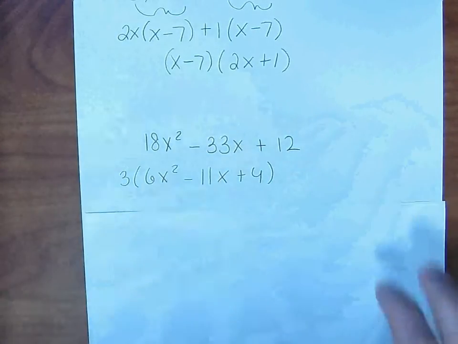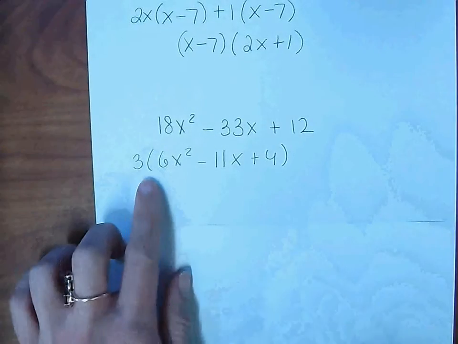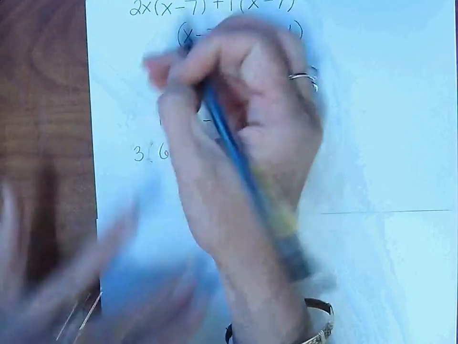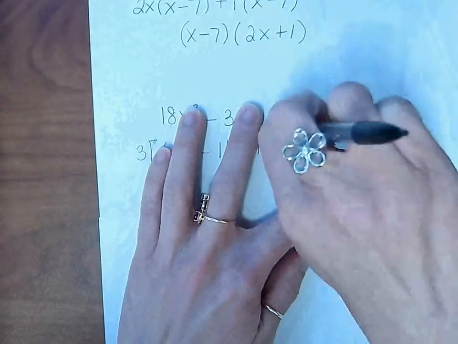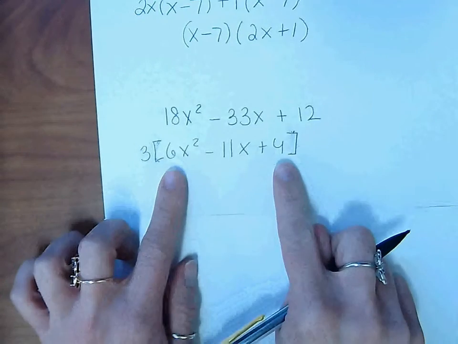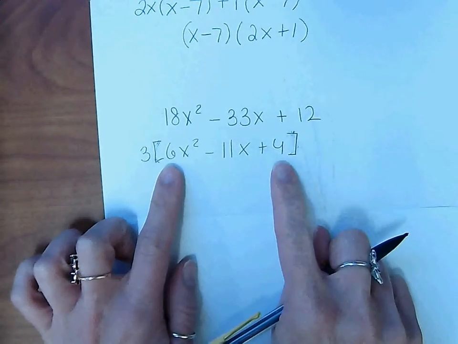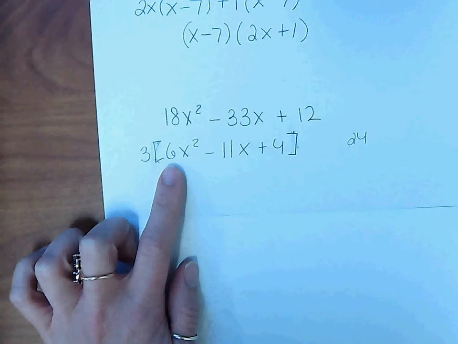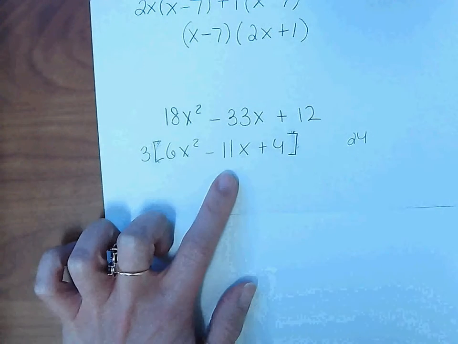Now we do not want to lose this 3 that we've pulled out, and actually I do want to change these parentheses to brackets. So now follow the steps. Multiply a and c together, 24, and think of the factors of 24 that will give a negative 11.